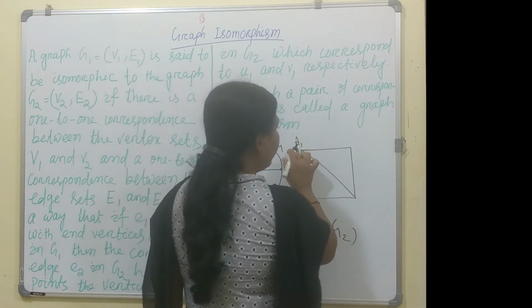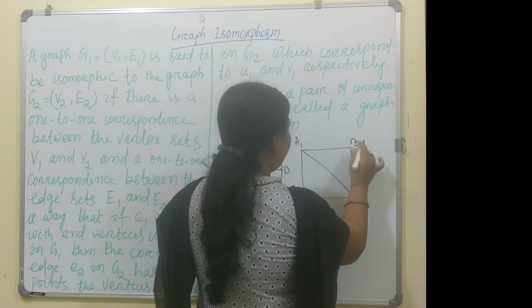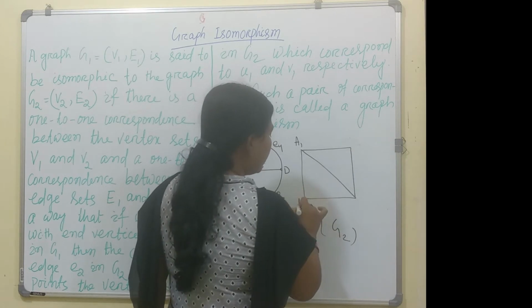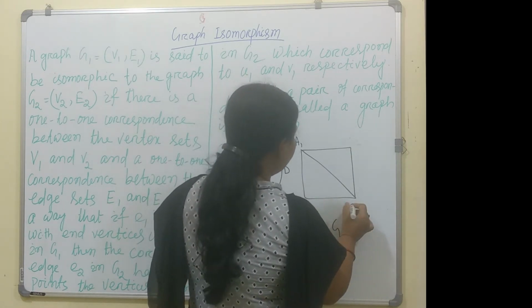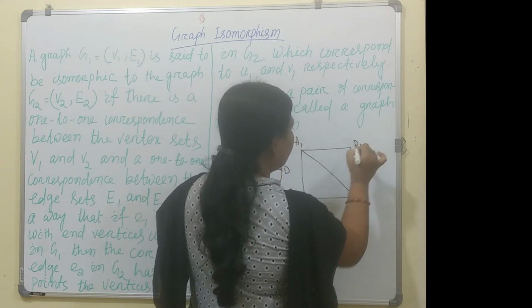That is, the vertex sets are A1, B1, C1, D1.